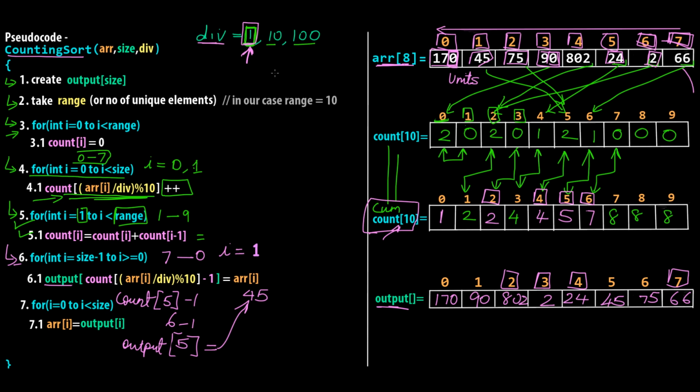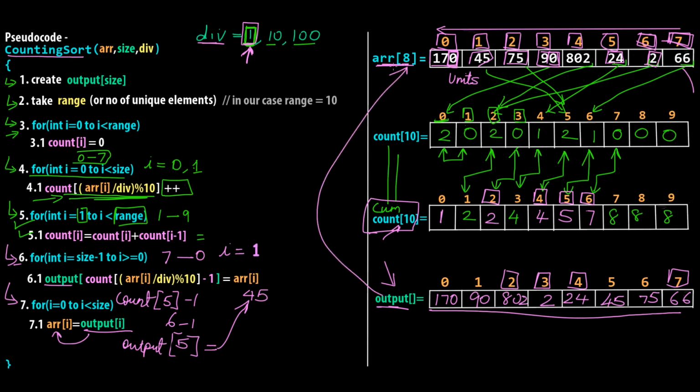Now we have to apply counting sort on this newly found output. So if you see step 7, we still have to cover step 7. We are saying for I equals 0 to size, output of I is now transferred into the original input array. So all these values 170, 90, 802, 2, 24, 45, 75, 66 are now transferred back to this original input array.